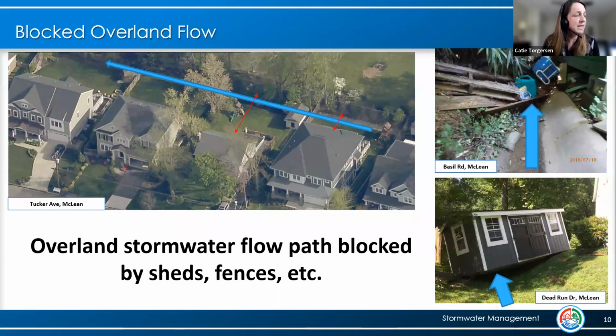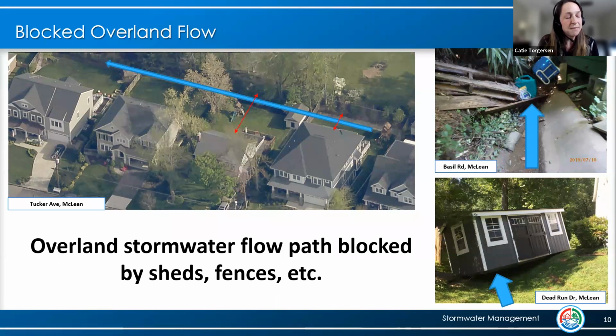Additionally, these overland flow paths are not really highlighted on people's plats. Sometimes they're not obvious on design plans, and they may not be known to the residents. So people really like to use their yards, and over time, residents block flow paths with fences or walls, play structures, planting beds, you name it.